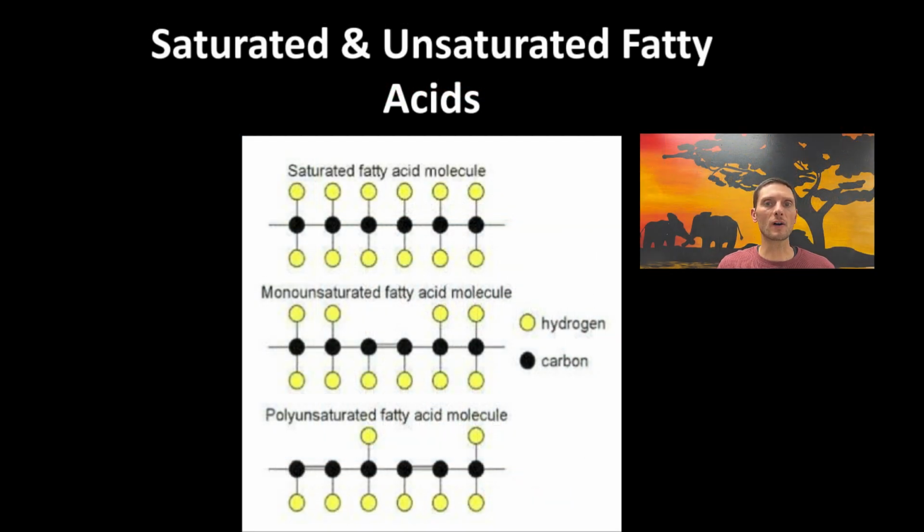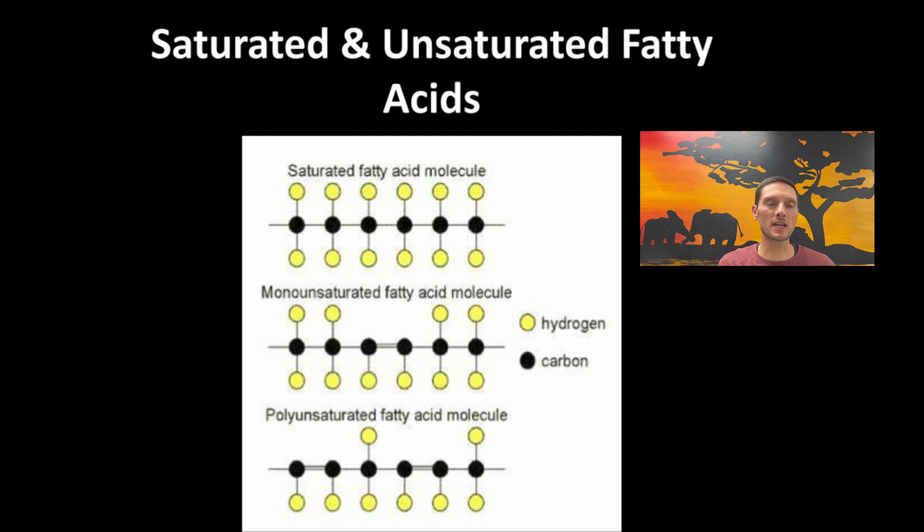And looking at the structure of those fatty acid tails, it's really an unbranched chain of carbon atoms that has hydrogen atoms that are covalently bonded to it. The acid portion is a carboxylic group, and it's followed by a methyl group at the other end. The length is variable, but it's usually 14 to 20 carbon atoms in total. These fatty acid tails can be either saturated or unsaturated.